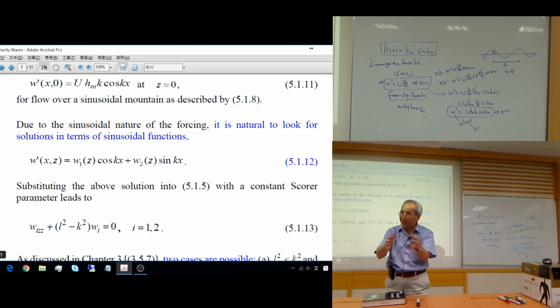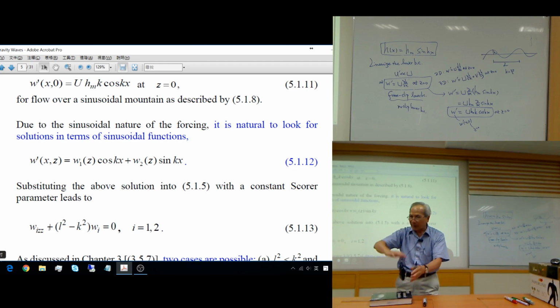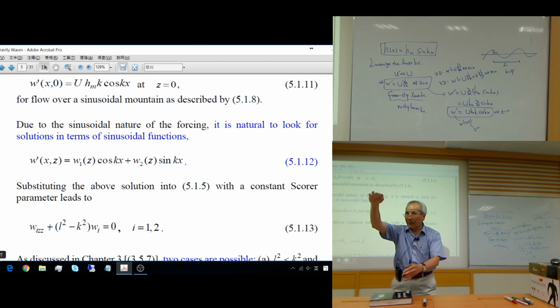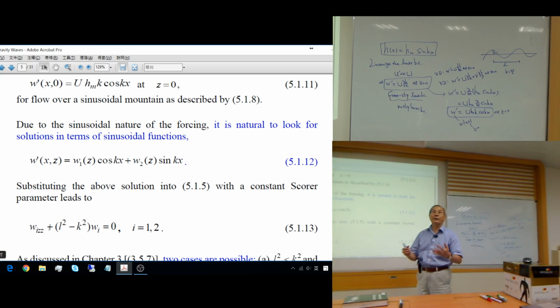Cosine and sine have different phase, so you should allow that, because the phase could be shifted. In other words, when you have the mountain height here, it's not necessarily true that your wave will be maximum here. The wave peak could shift, and that is because of cosine. So you need to allow both cosine function and sine function.